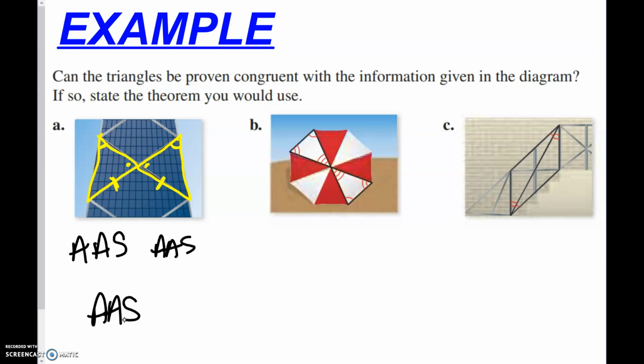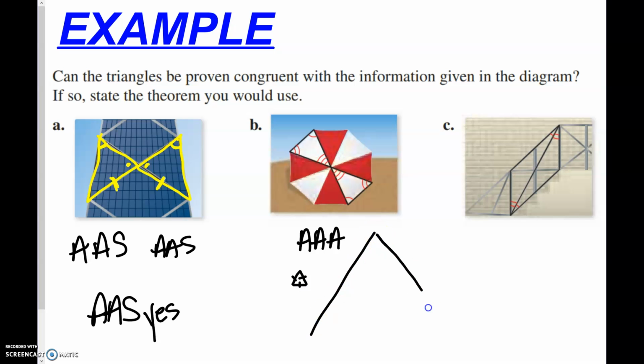All right, let's look at B. So it doesn't look like we have any sides congruent. We just have angle, angle, angle. Is that enough to prove that those two triangles are congruent? Well, let's think about an equilateral triangle. Can I make a little equilateral triangle where all the sides are congruent?